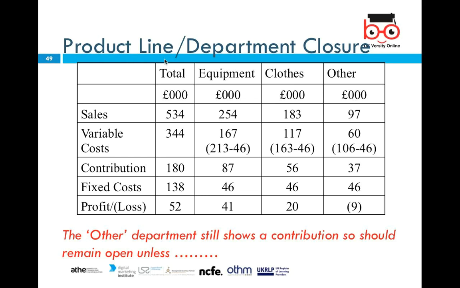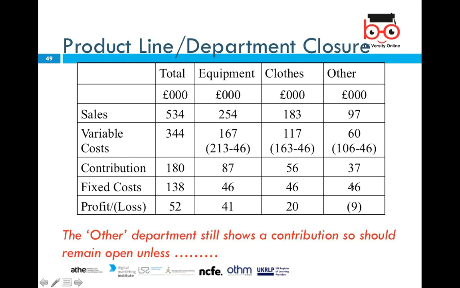So when you are going to make a decision on production, whether to shut down or continue, you need to see the contribution of the unit, and if it is still contributing, then you can make a decision on the basis of the fixed cost and the amount of the loss.